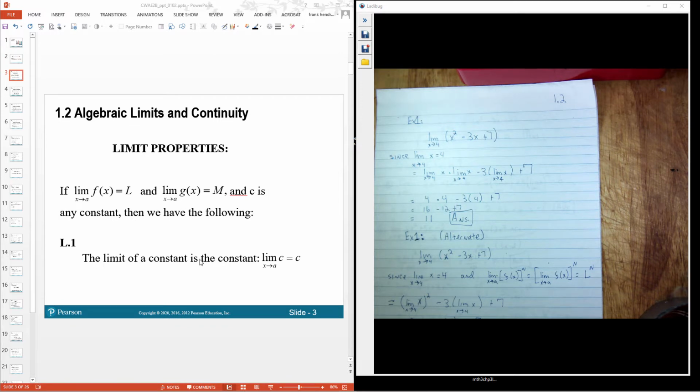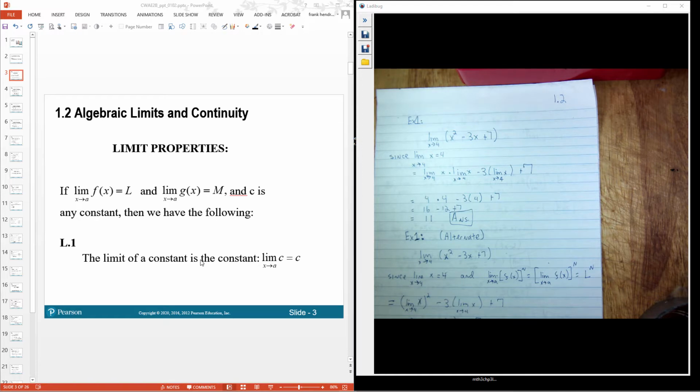Limit properties. If the limit of f of x as x goes to a approaches L, and the limit of g of x as x goes to a approaches M, and c is any constant, you have the following.